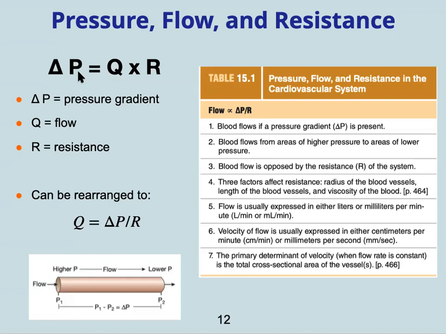That means you can increase blood pressure by either increasing blood flow or increasing resistance, or both. Don't confuse big R with small r. Small r is the radius, and big R stands for resistance. You can rearrange this formula to Q equals P over R and say that blood flow can be increased by either increasing the pressure gradient or decreasing the resistance.